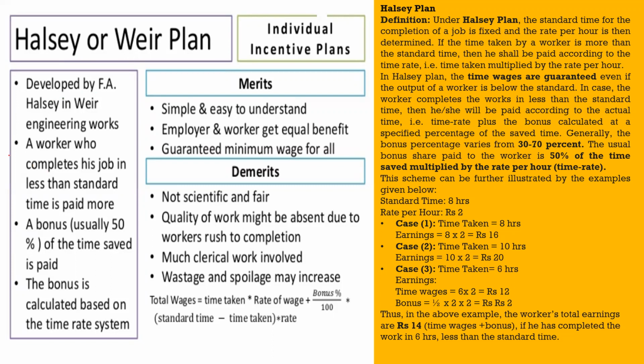A worker who completes his job in less than the standard time is paid more. What he is saying is that if a worker completes his job within a standard time, which will be fixed at 8 hours, 10 hours, 9 hours, whatever the time could be, then the person has to be paid more, a bonus of usually 50% of the time saved.